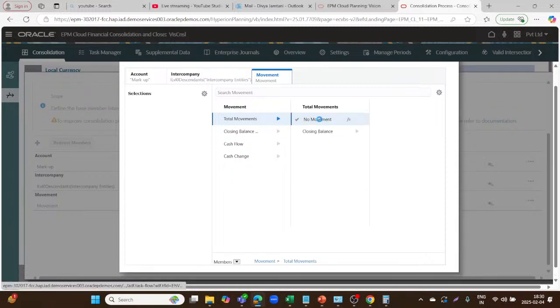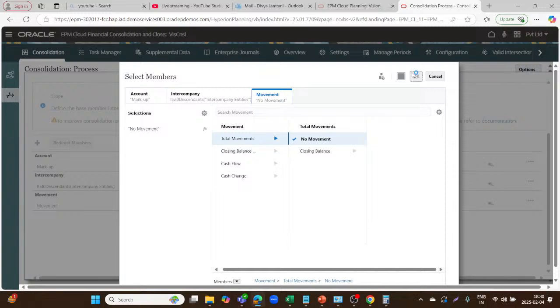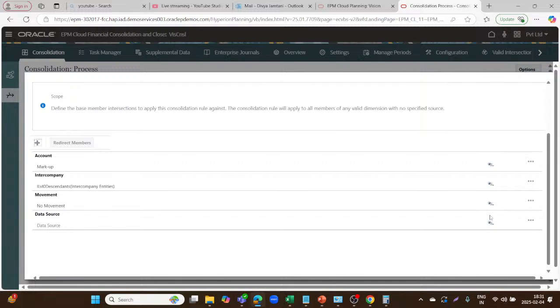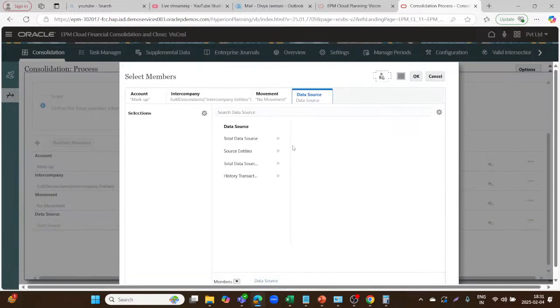So we'll enter the data at no movement for the markup account. Then next I'll pick data source. The value I'll be taking as data input.